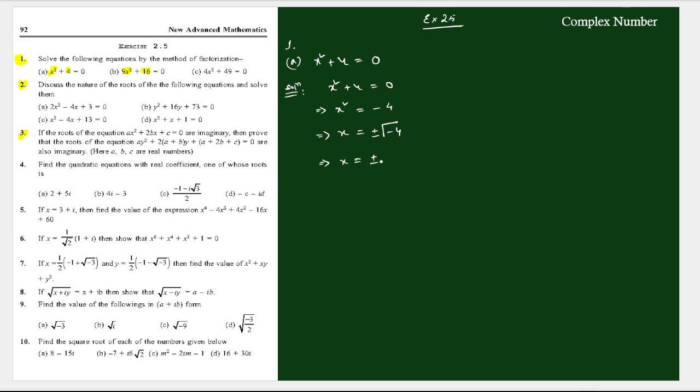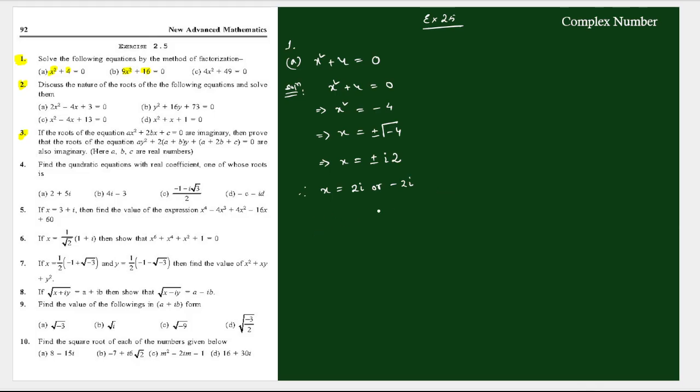Root of -1 is i, root of 4 is 2. So x equals 2i or minus 2i.